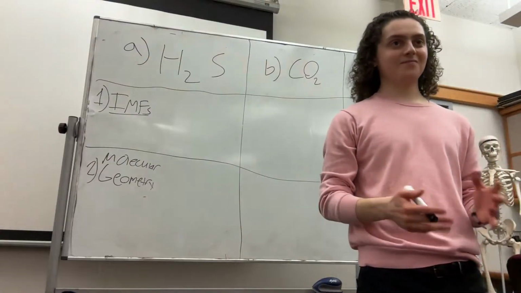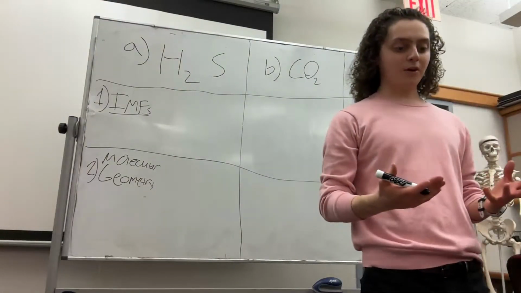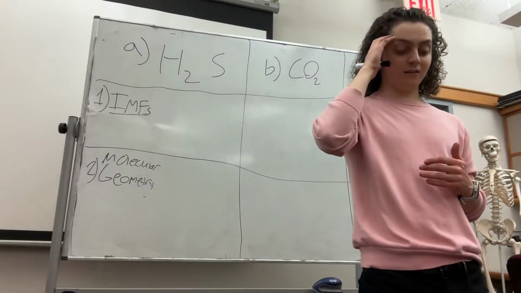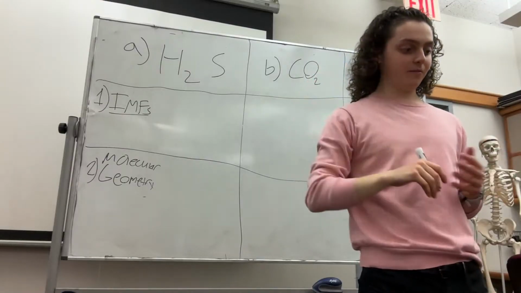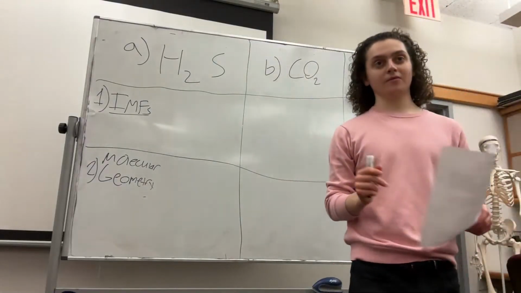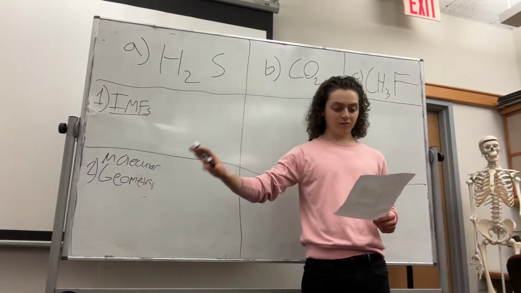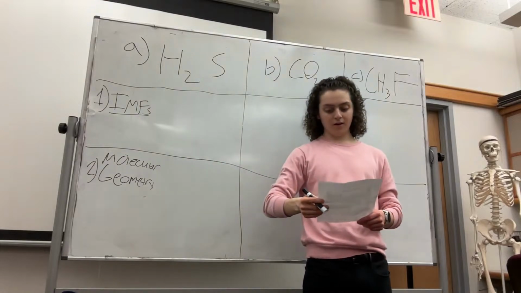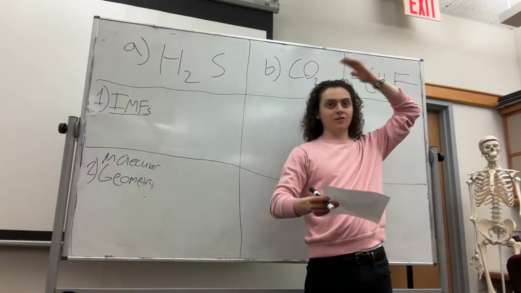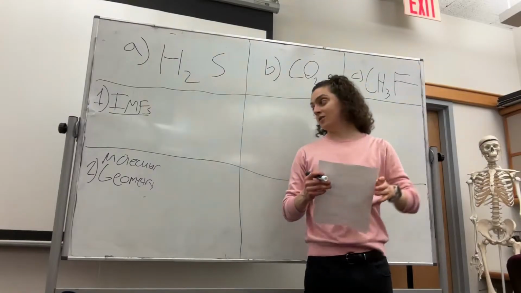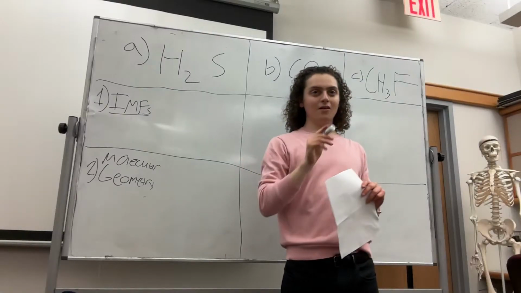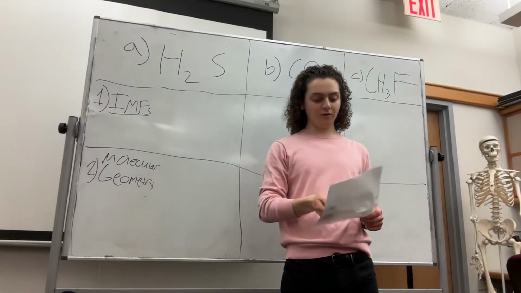We're going to look at the periodic table, look at electronegativities, and determine if the difference is big enough. So H2S. I find sulfur on the periodic table, all the way to the right and just below oxygen. Then I have hydrogen, all the way on the left. The electronegativity trend is up and to the right. So which one is more electronegative, sulfur or hydrogen?